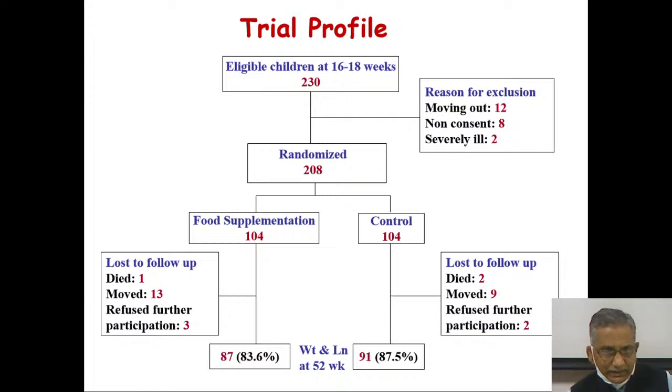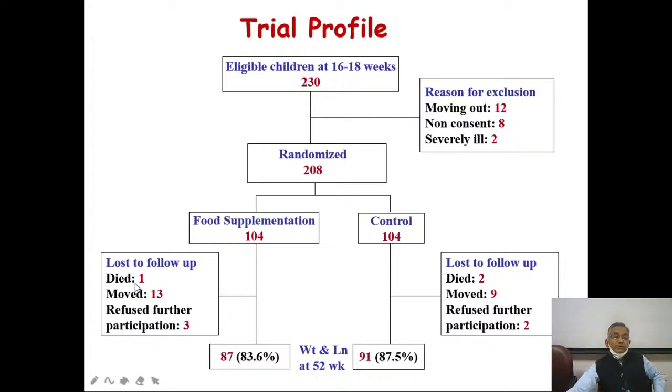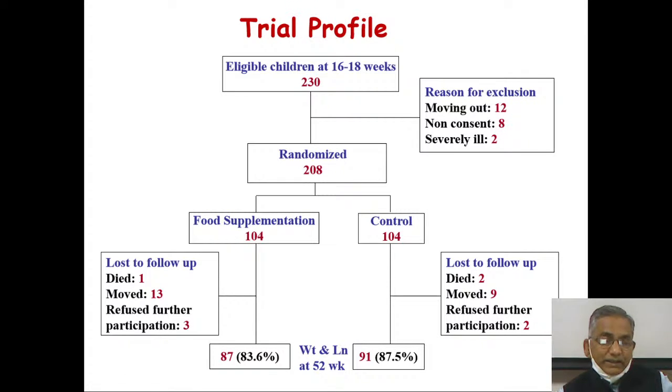When they started following these patients, there will be loss to follow-up in both the groups, right? You have to give details of the reasons for loss to follow-up. One patient died. One patient moved out of the area, even though he had said in the beginning that he would not move, but still he moved out for whatever reason.